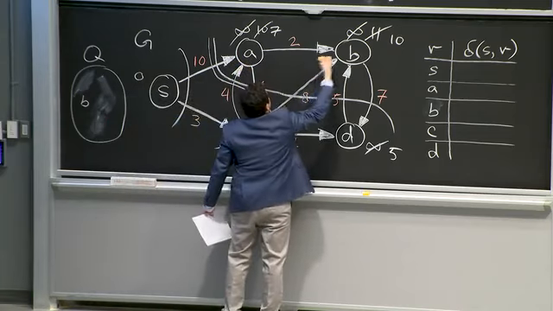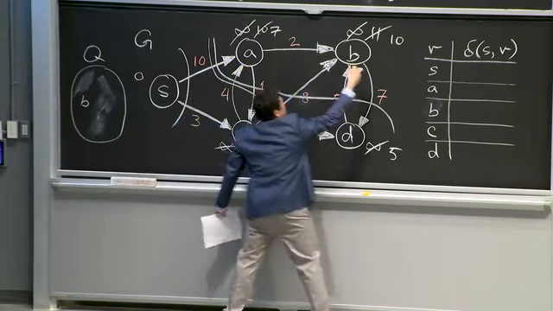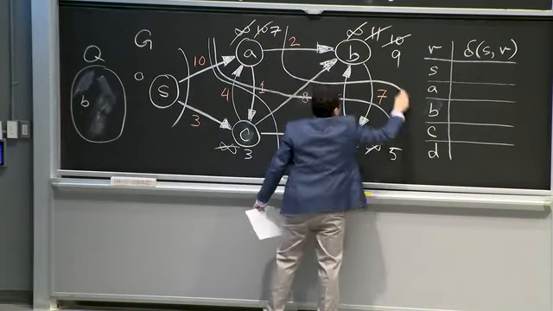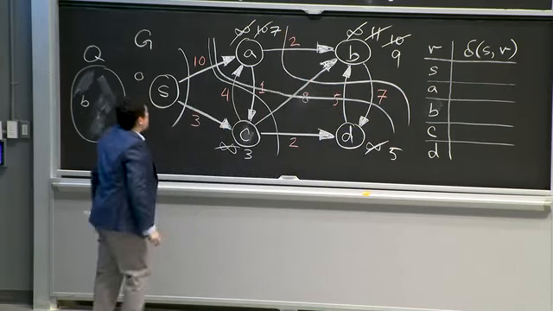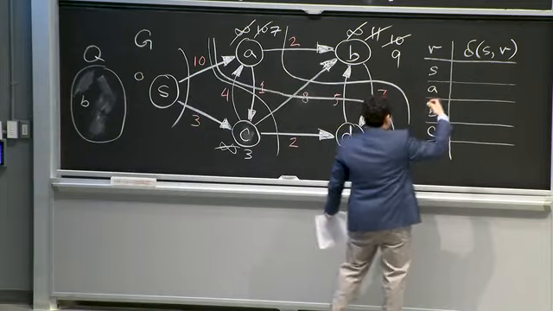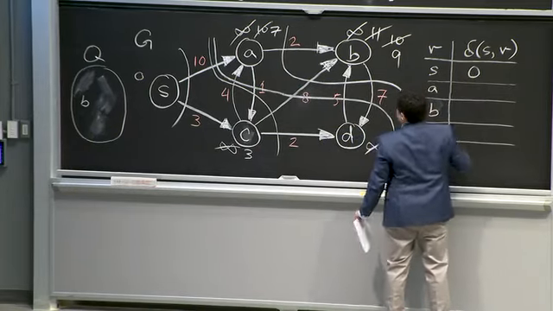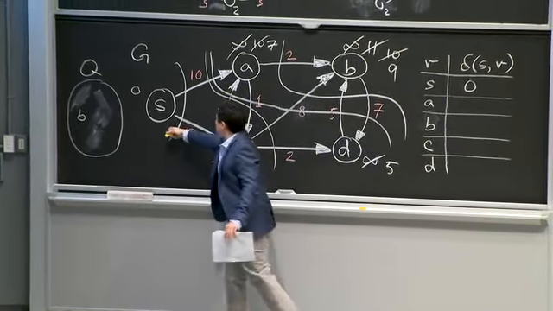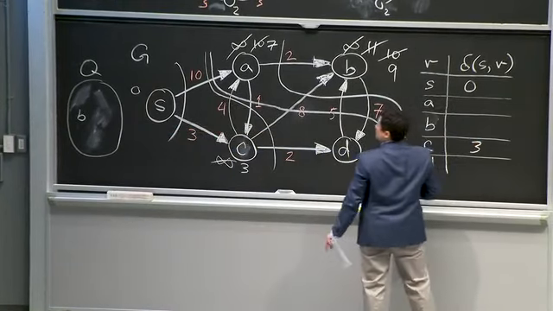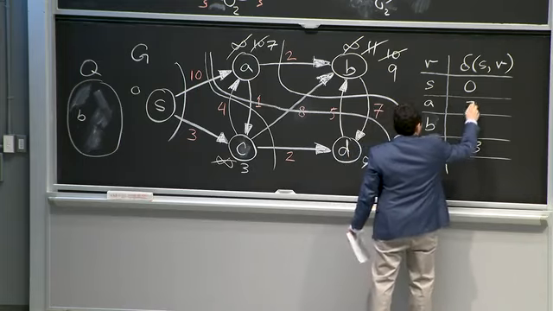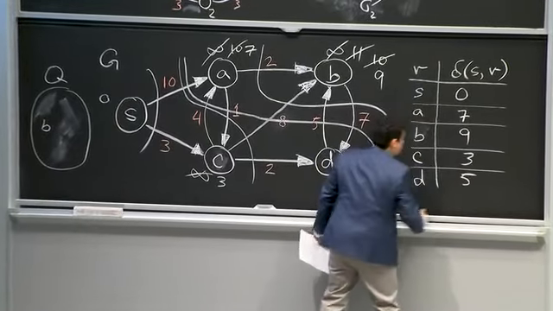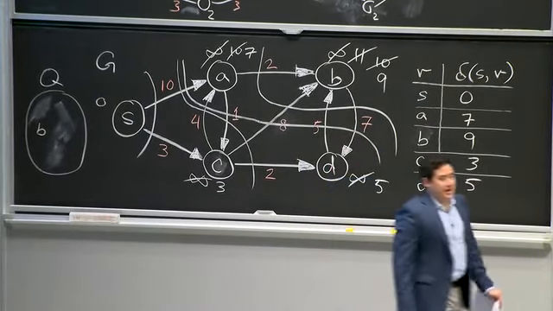A to B, 7 plus 2 is smaller than 10. And now I'm done. So what I did every time I removed S, or I removed a vertex, I set its shortest path distance to the last value I assigned to it. So this was then 3, and then A was 7, B was 9, and then D was 5. Okay? So that's Dijkstra in action.